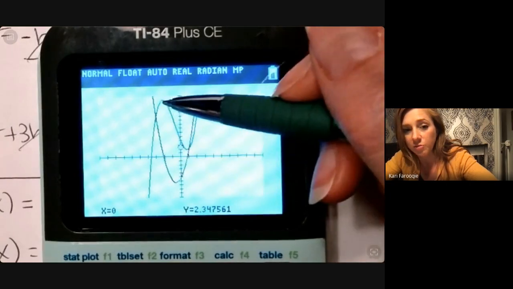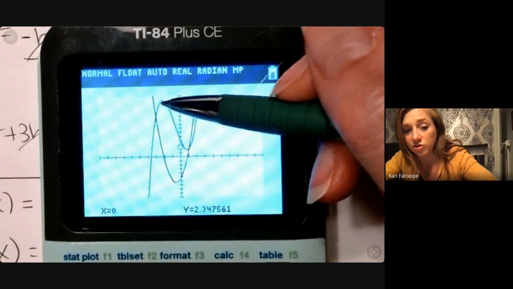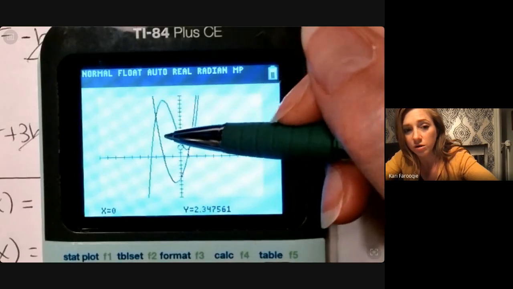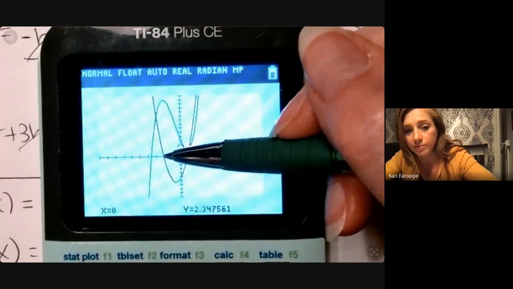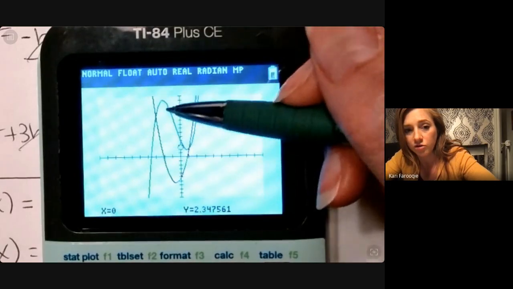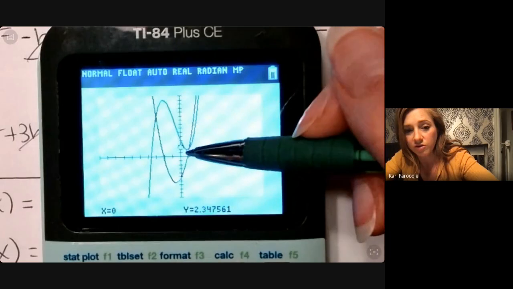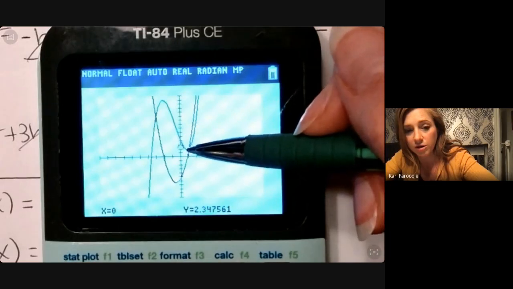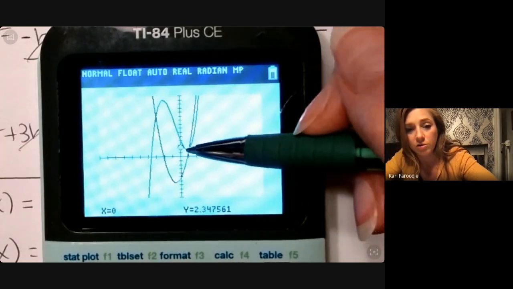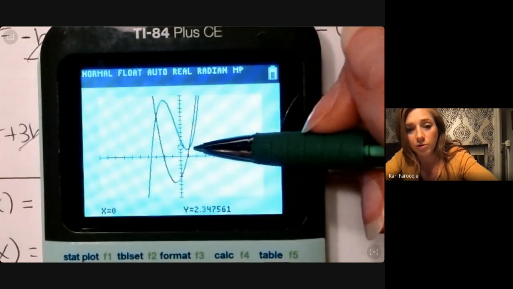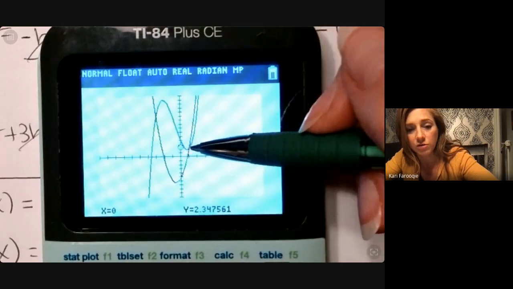So at this point where you have this horizontal tangent line on your function, your derivative has an x-intercept. So your function decreases, decreases, decreases up until it gets to this little dip in the graph where you would have another horizontal tangent line. Look at what's happening to your derivative at that point.